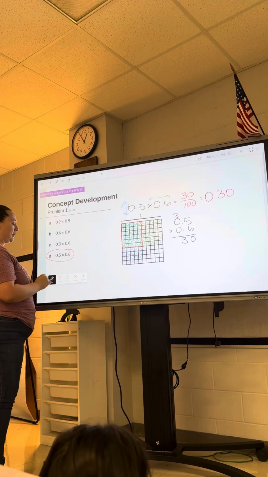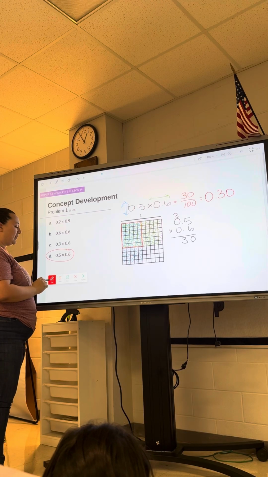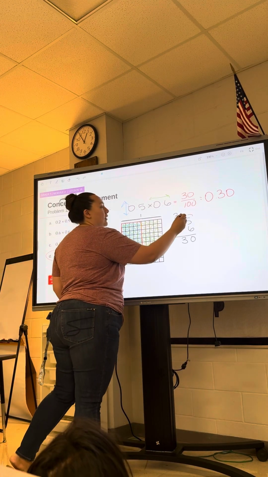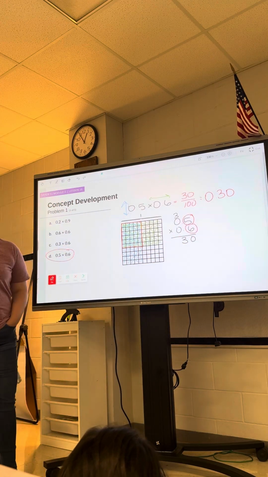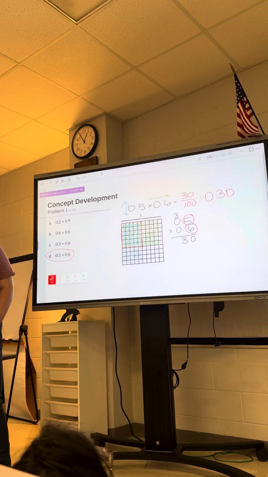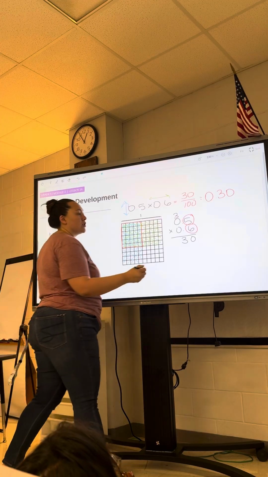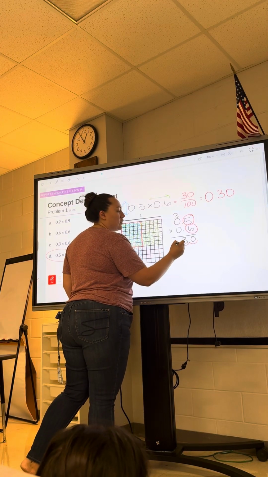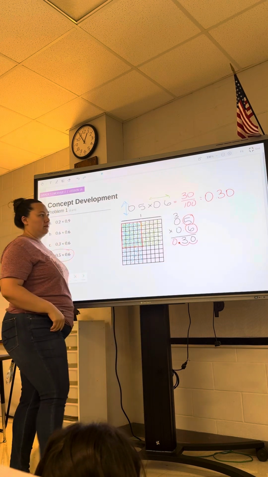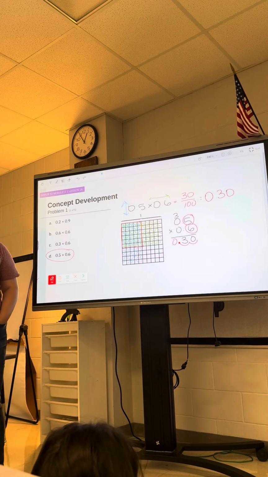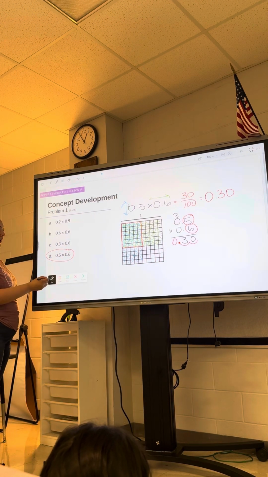But then, how many numbers do you see after decimal points here? Jaden? 2. So I'm going to start from the back and go 1, 2, place my decimal here. 0.30. Is that the same number I got? Yes. Okay, that's the same number I got.